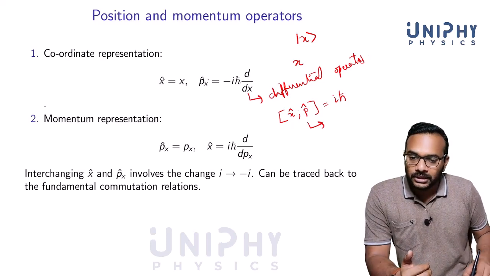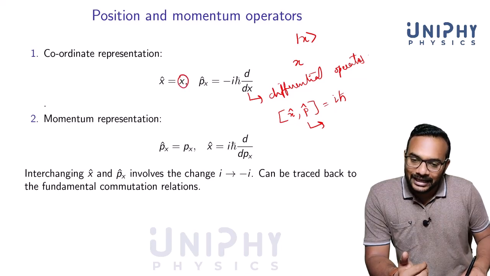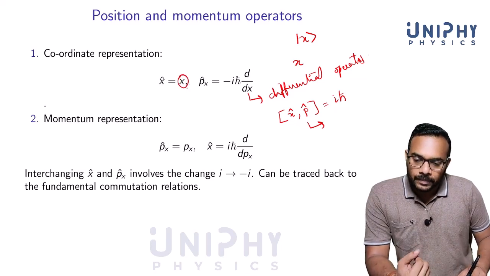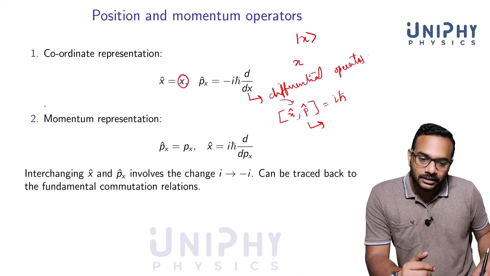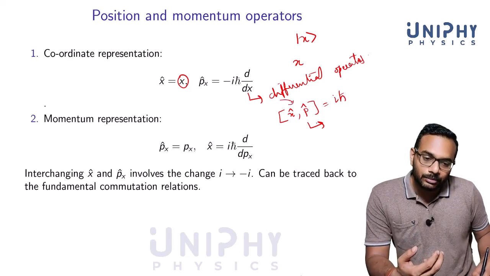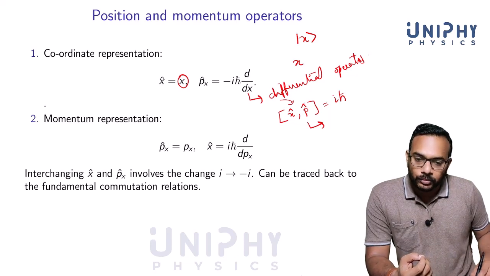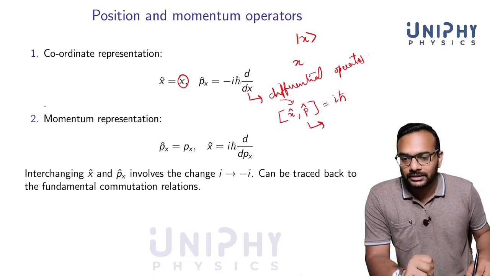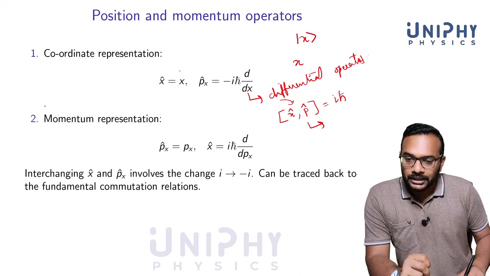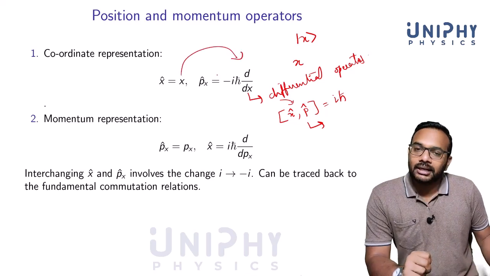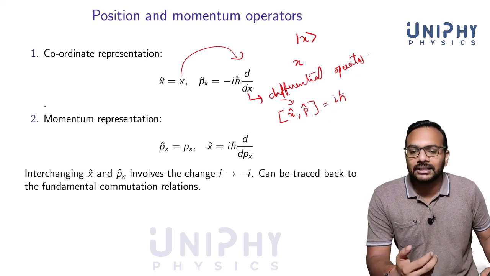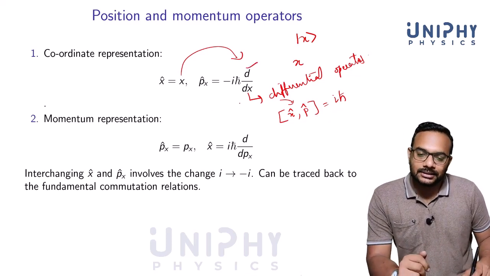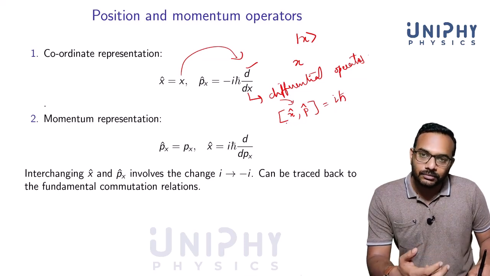So if x is the position operator, then you can convince yourself that in order for this commutator to be satisfied, the momentum operator has to be minus i h-cross d by dx. In fact, that's one way to derive this particular momentum operator, by starting with the commutation relation.